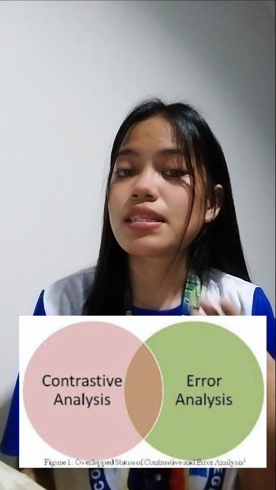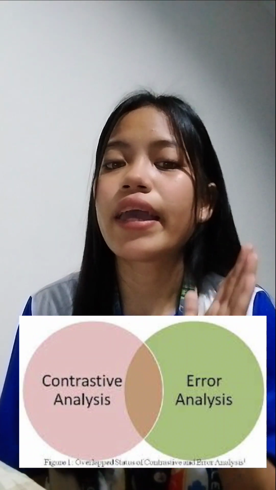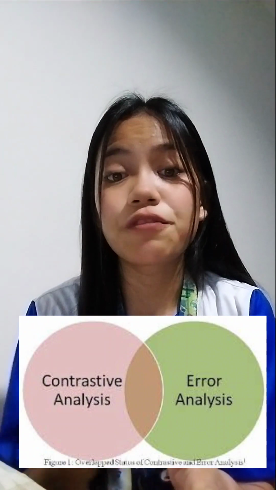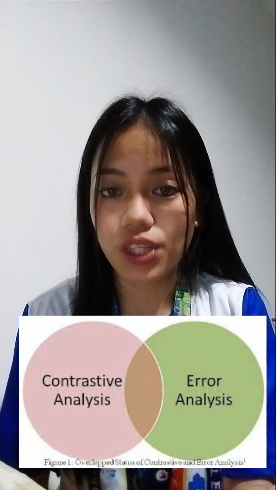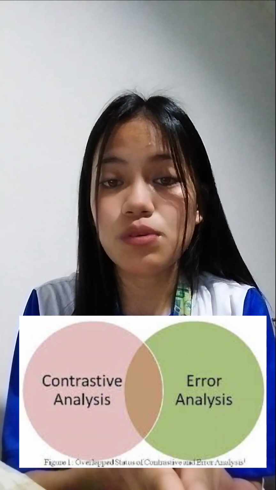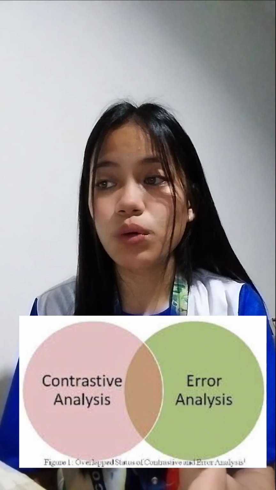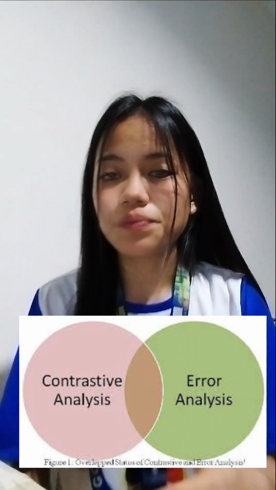So in essence, CA aims to predict difficulties in L2 acquisition based on linguistic contrast, so based on the differences of the native and the second language of a learner, while EA seeks to understand learners' language learning processes through the analysis of errors.